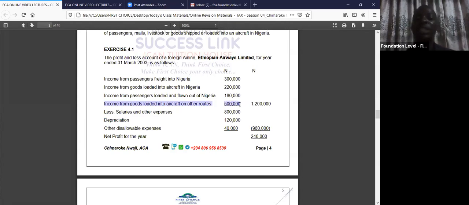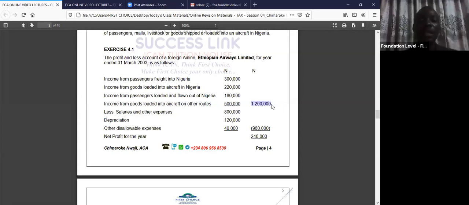This one is not even concerned about Nigeria. So that means we are correct. 220 and 180 belong to Nigeria. So you see, out of this 1,200,000, only 400 belongs to Nigeria.